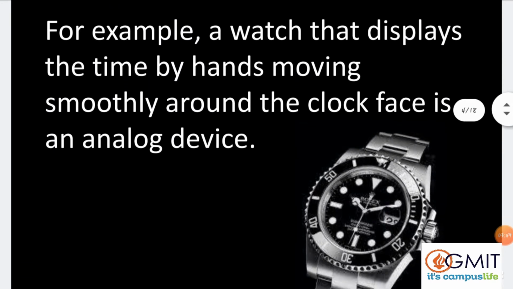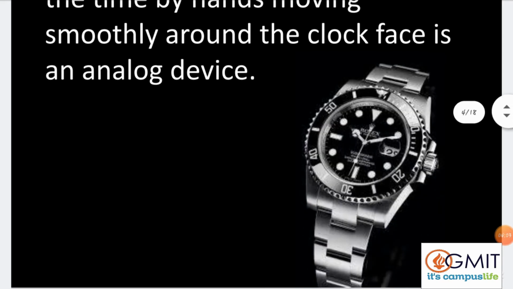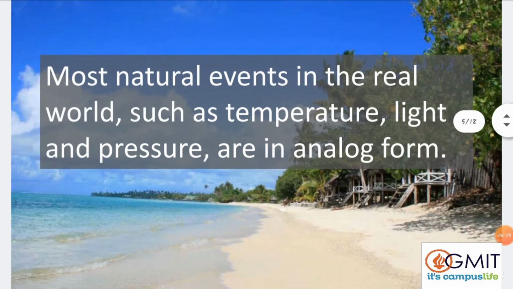For an example, take a wristwatch that displays the time by hands moving smoothly around the clock face; it is an analog device. This is a good example of an analog device. Most natural events in the real world, such as temperature, light and pressure, are in analog form because they are continuous, not discrete.